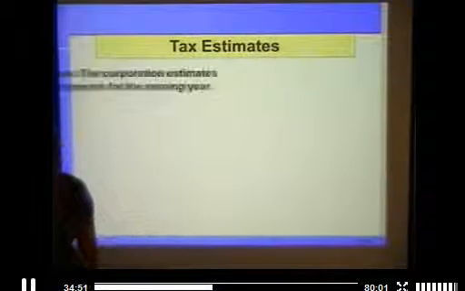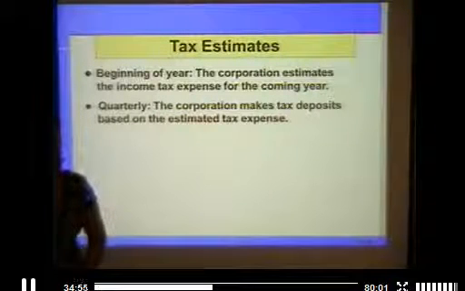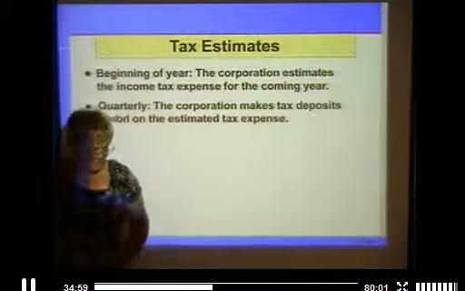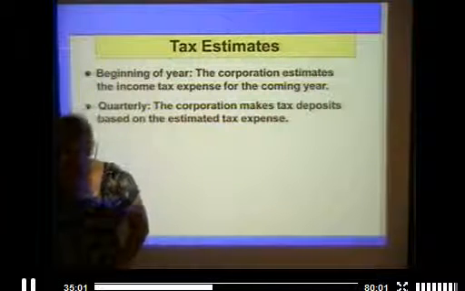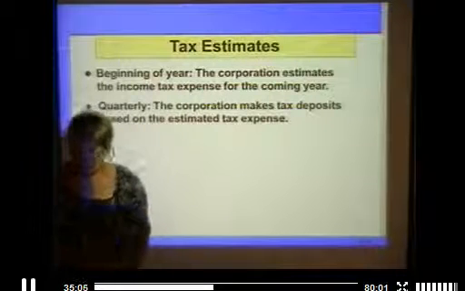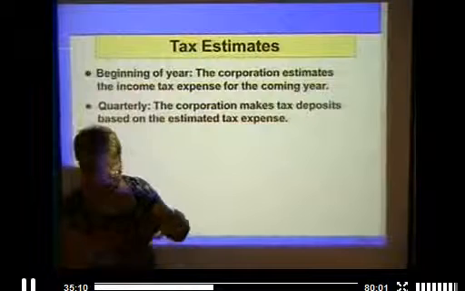Okay. Beginning of the year, we estimate our income tax expense for the coming year. It's kind of hard to do, right? We're going to have to estimate about what we think we're going to make. But we can base that on last year's income. Remember, we have to make those quarterly deposits.